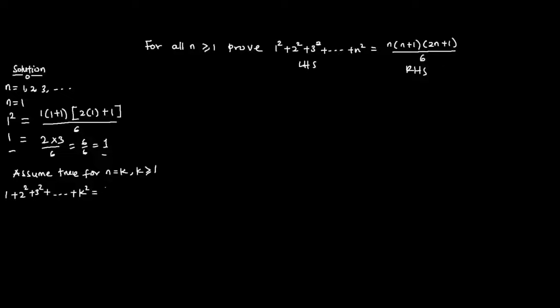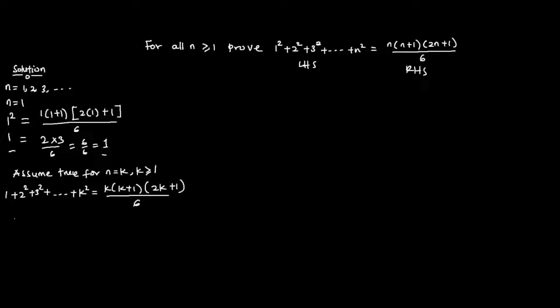This should be equal to k multiplied by k plus 1 times 2k plus 1, all this divided by 6. I didn't raise this 1 to the power 2 because 1 to the power 2 will still give us 1. So you are going to assume that it is true for n equals k.